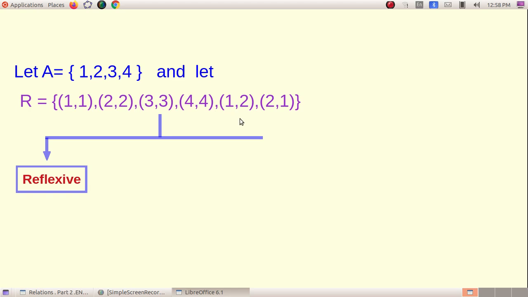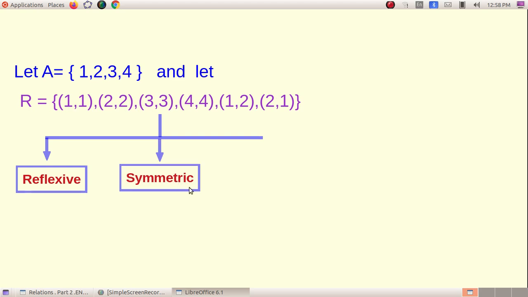When we reverse this ordered pair (1, 2), we get (2, 1), which is here. When we reverse the element (2, 1), we get (1, 2), that is here. It means that for every (a, b) in this relation, (b, a) also belongs to the same relation. Therefore, the relation is symmetric.